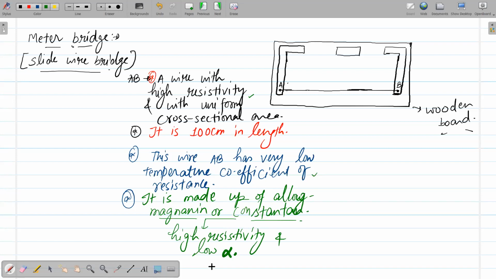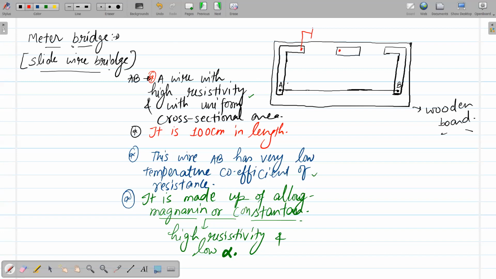So right now I talked about the characteristics of the wire, what kind of wire we use in this instrument. Let me complete the instrument now. Students, here we have a few more nails drawn into the board.